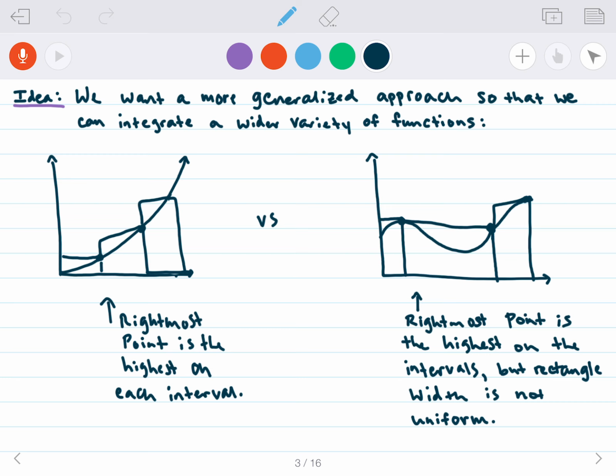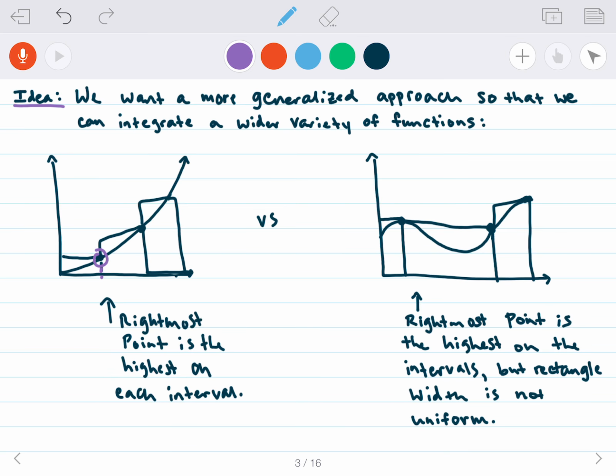But with functions that are either continuously increasing or decreasing, it's easy to determine the highest and lowest point on an interval, right? If it's monotone increasing, such as this function right here, the highest point on the interval is going to be the point at the very end of the interval. So this guy's the highest point on this interval, this guy's the highest point on this interval, and so forth.